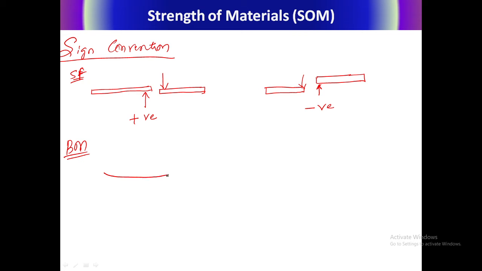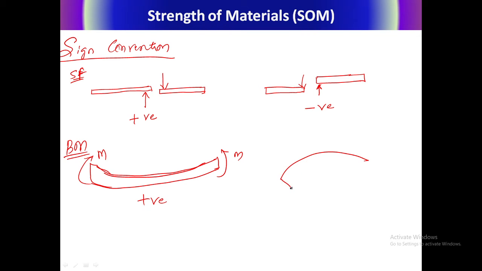If a bending moment tries to form a sagging, just like a smile, okay, then this is called a positive bending moment. If the bending moment causes a hogging, then this moment is called a negative bending moment.